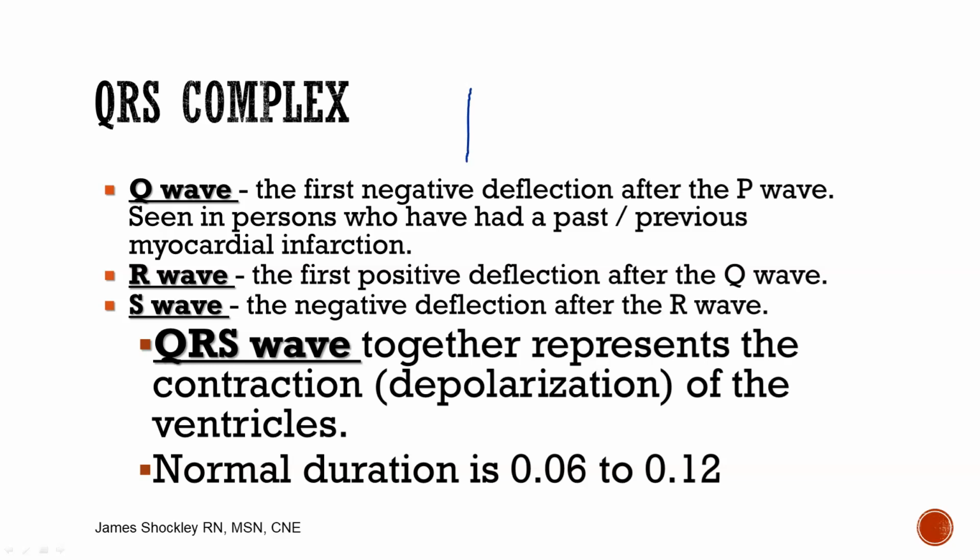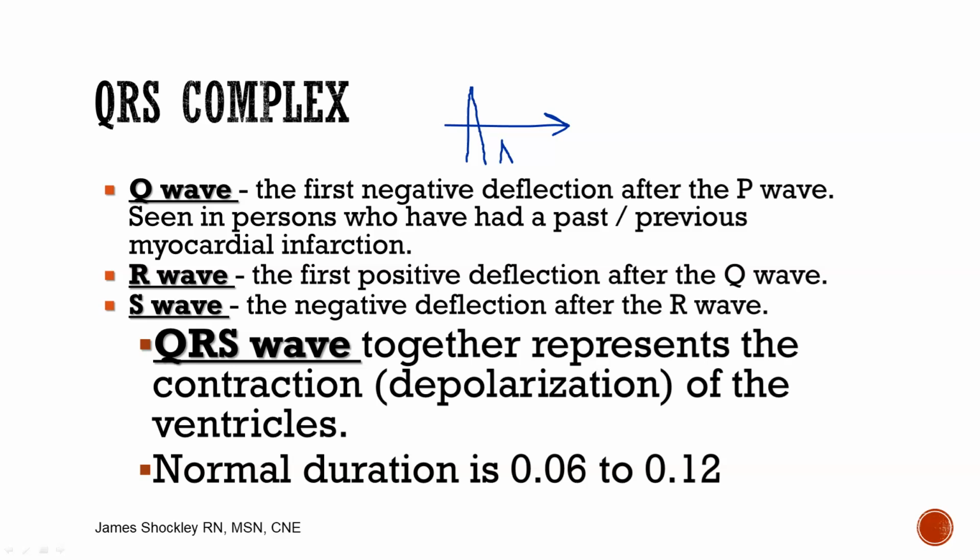So this alone, that single line, is the R, followed by the S. What you need to understand about that is that it should be skinny. I don't care if it's as big as the first one or as small as the second one, because again, we don't care about up or down, we just care about left to right.